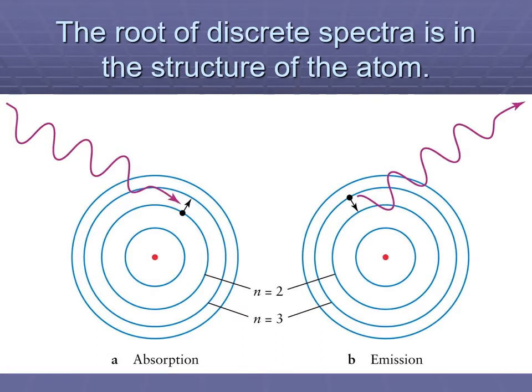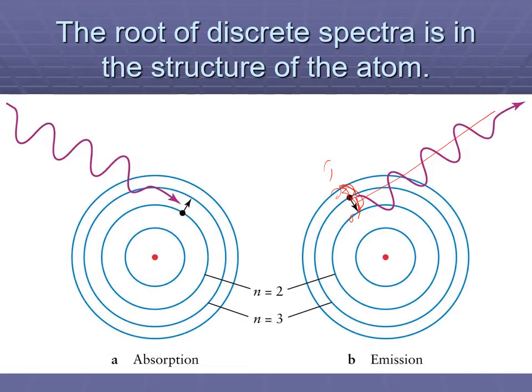Okay, so what's happening here is that you have an electron in an atom, and the electron normally wants to be at a low energy level, and if you bump it up to a high energy level, it's going to go down. But it can't just spiral down, it jumps from one energy to the other. Well, light carries energy, so when it jumps from one energy to the other, it gives off light.